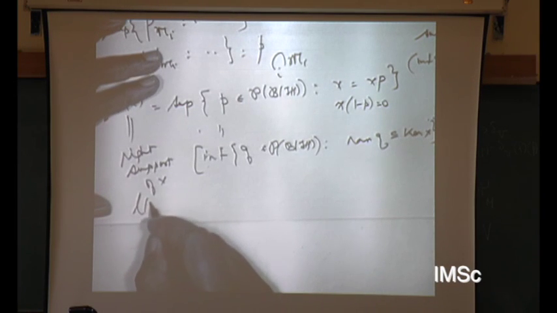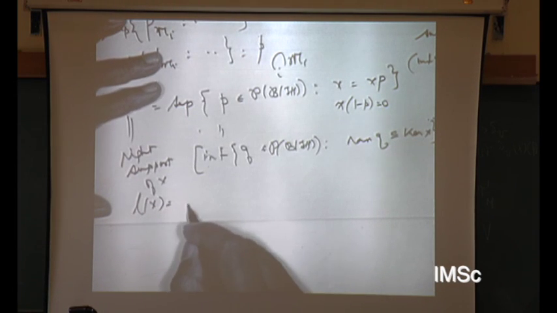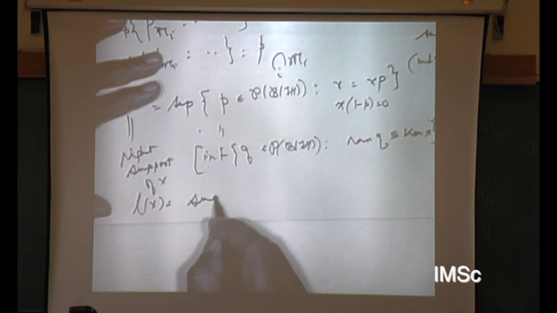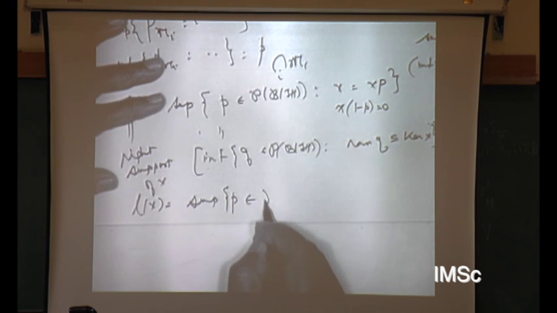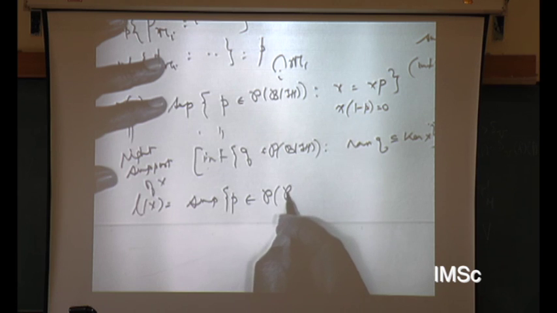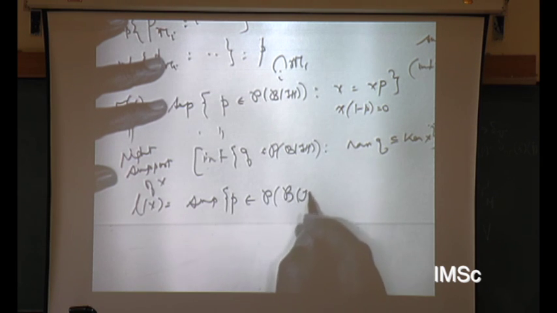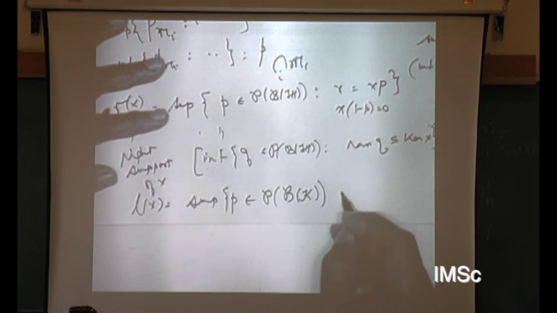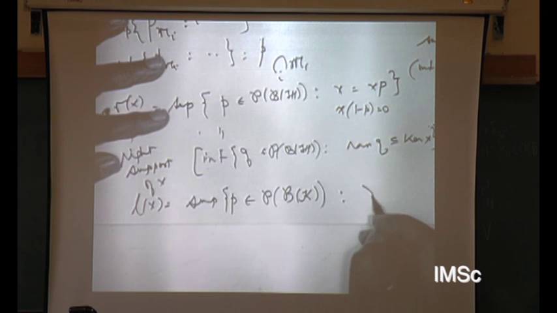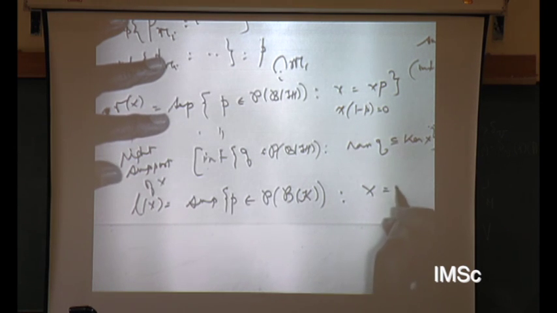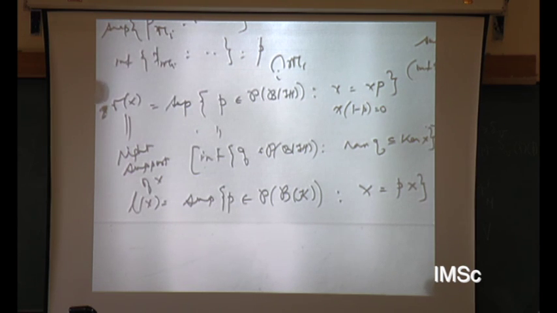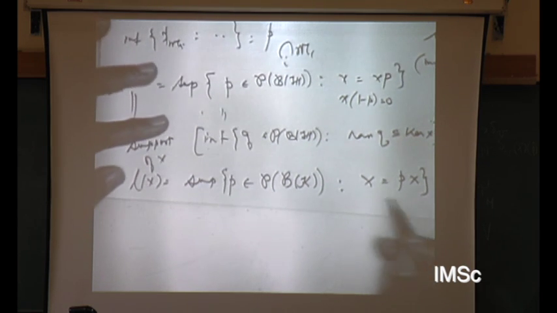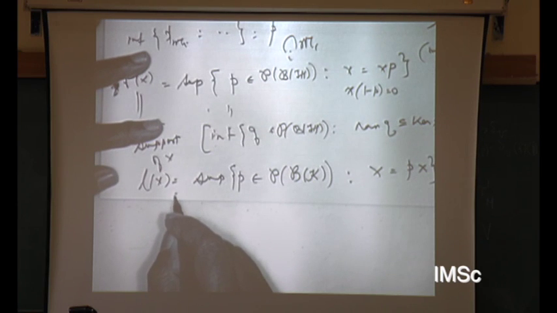Similarly, one talks about L of x equal to the sup of all p in P of B of K such that x equals px. And this is a left support.